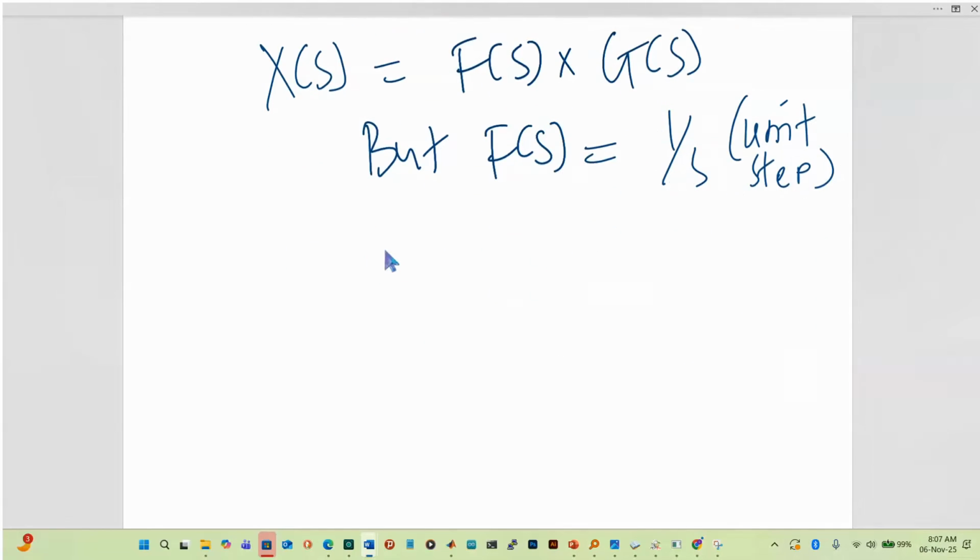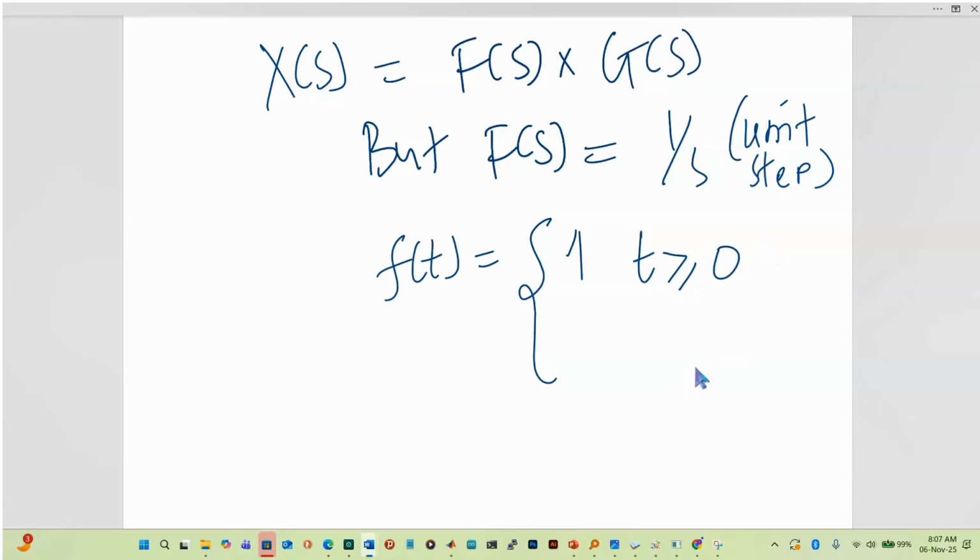We know the unit step input is like this. If you have f(t) equivalent to the unit step, it is 1 for t greater than or equal to 0, and 0 for t less than 0.